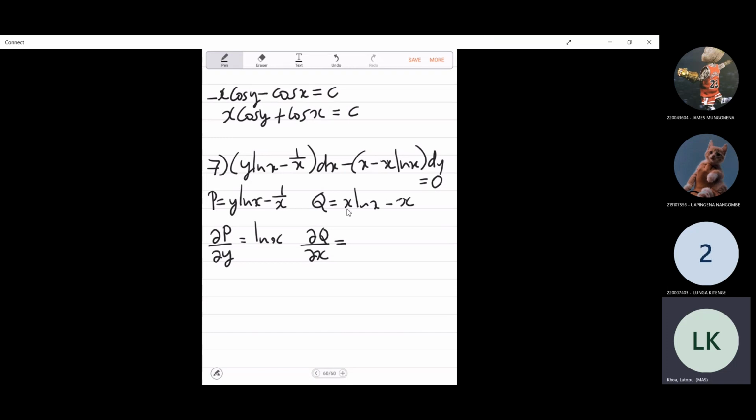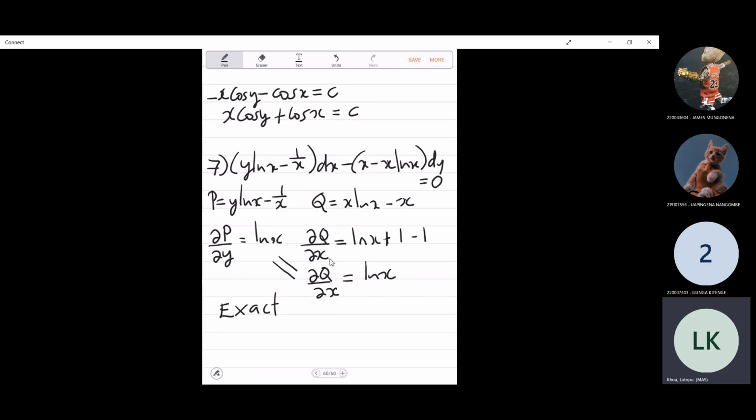So the derivative of this one multiplied by ln of x, and then we add this one multiplied by the derivative of this, so that's x times 1 over x, which is 1, and then the derivative of minus x is minus 1. So you can see that dQ/dx is equal to ln of x, and those two are equal. Therefore, we can say that it is in fact exact.